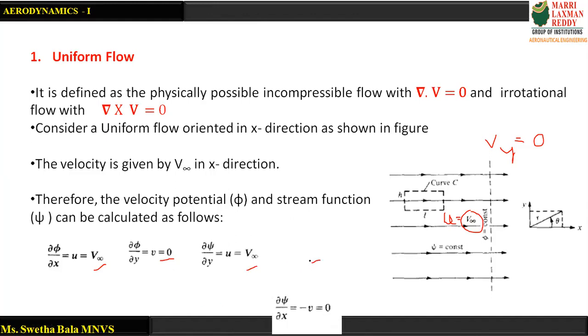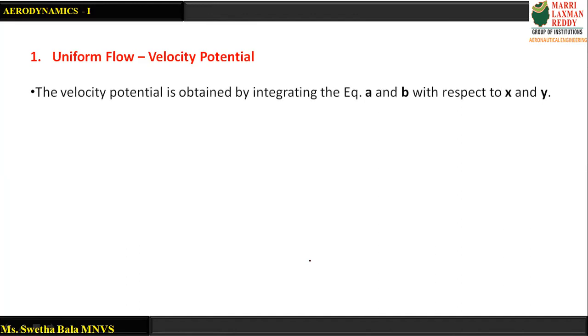We are naming these equations A, B, C, and D. Coming to calculating the velocity potential, because we have partial differential equations, we can integrate them with respect to x and y, equations A and B.